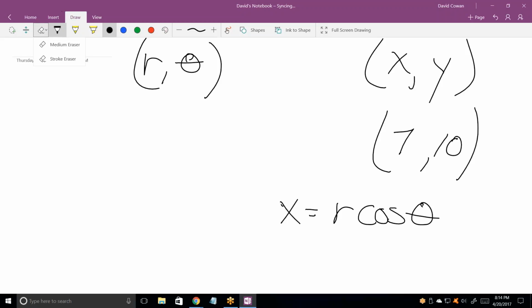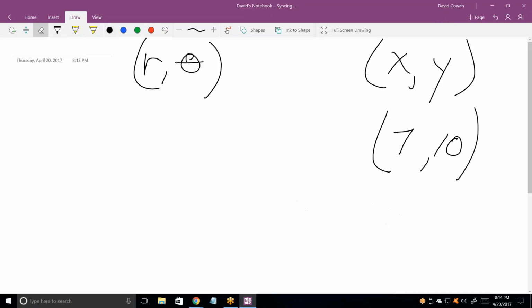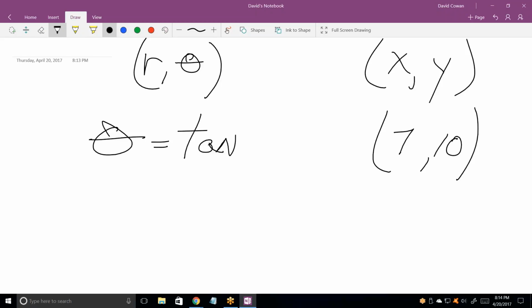all right, there's one other conversion here that's really important, and that's figuring out what theta is. Isn't it tan theta equals y over x? Yeah, it's actually not quite that easy. In other words, it's the inverse tan of y over x if, and this is the key, and this is a little tricky, if x is greater than 0.